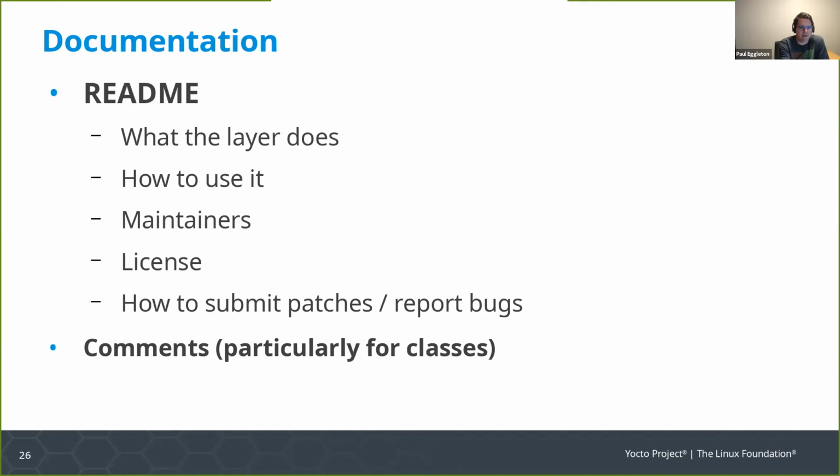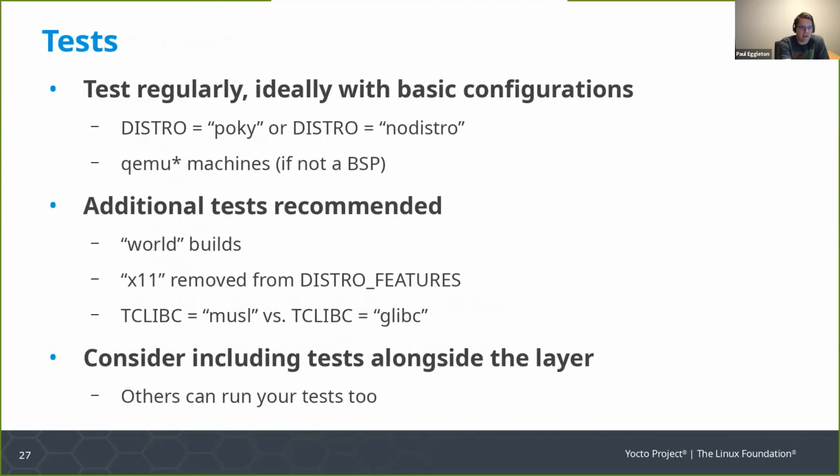And make sure you have some sort of documentation in your layer, primarily the README that covers these items. And don't forget to add a few comments if there's unusual things in your metadata. And of course, if it's software, if there aren't tests, then it may be broken. So make sure you add some tests. Test a basic configuration and consider some of these additional tests.